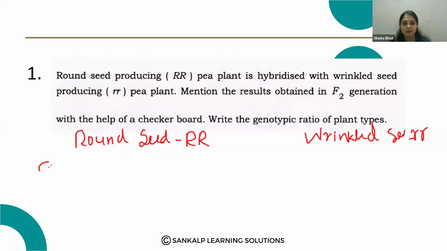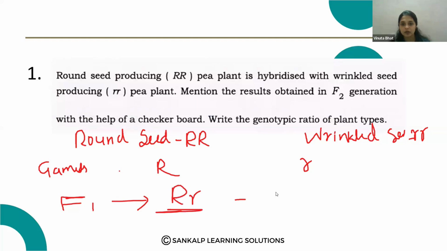So the gametes produced are capital R and small r. The F1 generation plants are Rr, so these are all round seed producing plants.